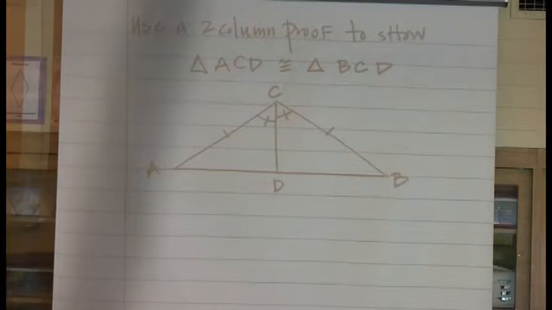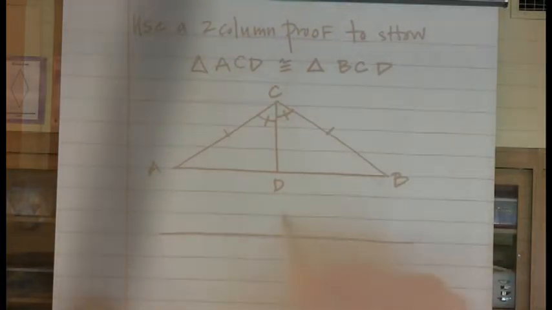Up at the top, say, use a 2-column proof to show that triangle ACD is congruent to triangle BCD. How do I start? If I'm using a 2-column proof, what does it look like? A T-chart, okay? Even if you didn't know what it was called, but somewhere on your paper you started to do something like this, great.